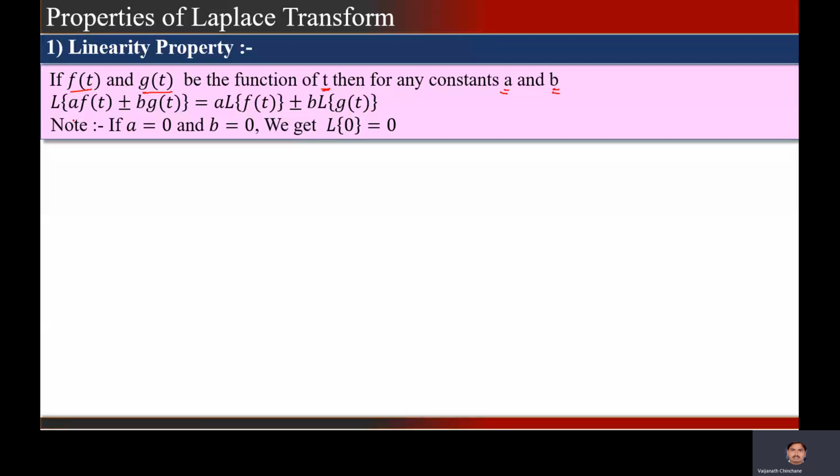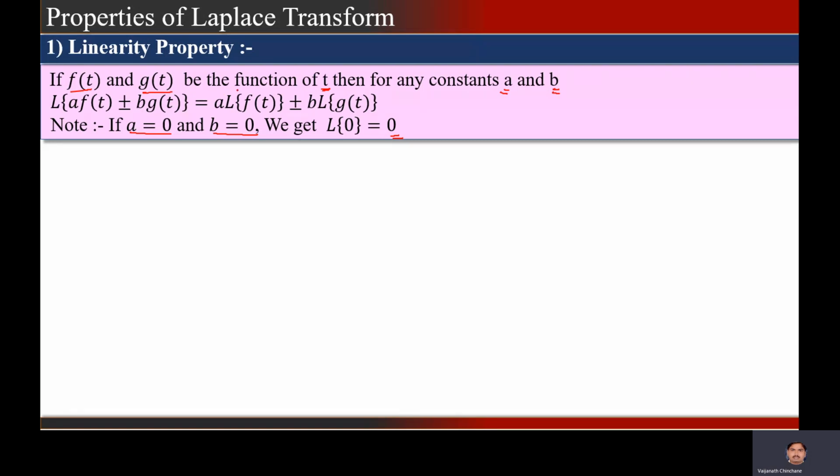Note that if in this property a is equal to 0 and b is equal to 0, then we get the Laplace of 0, and always remember that Laplace of 0 is 0. So this is the statement of linear property of Laplace transform.